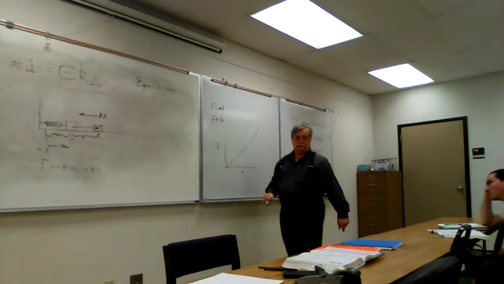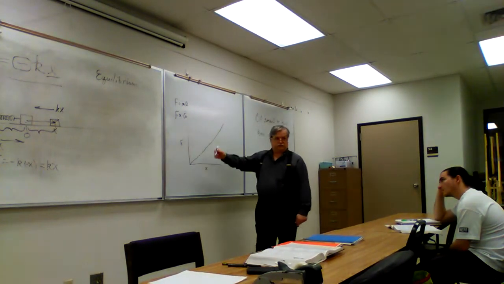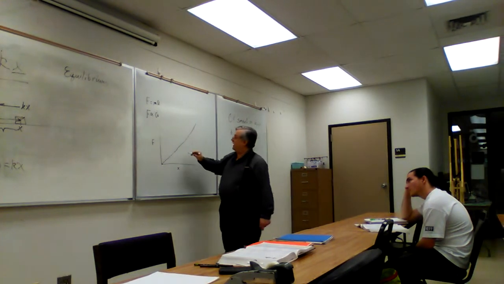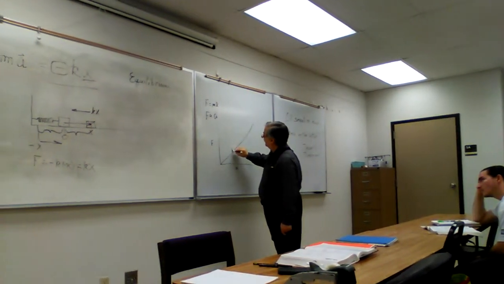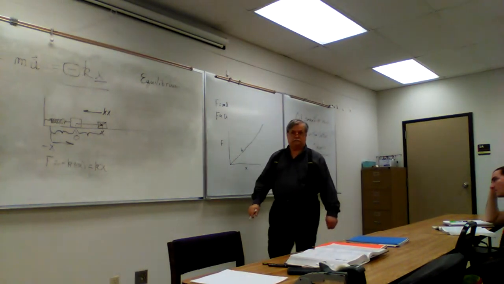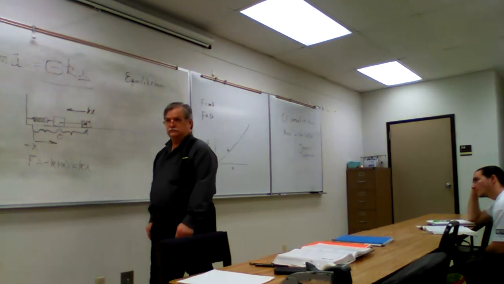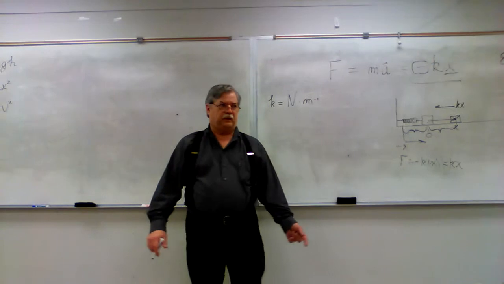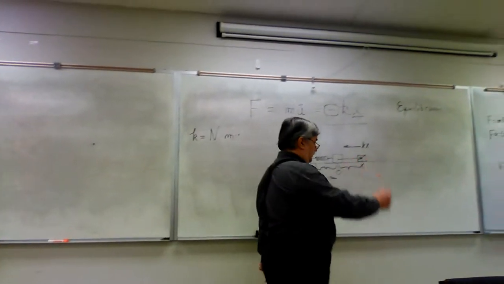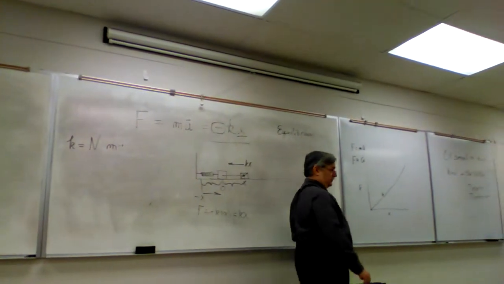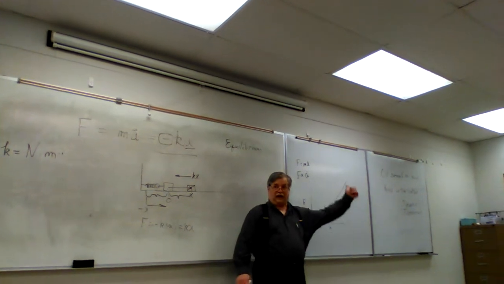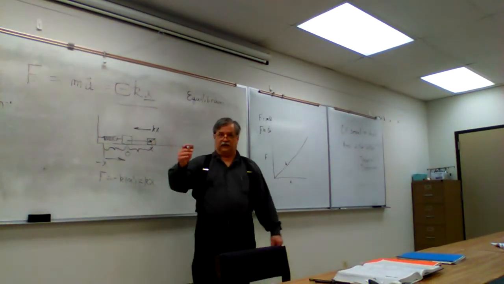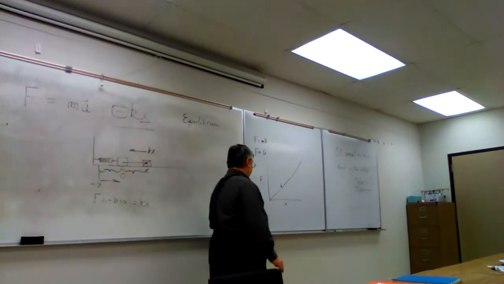That's a straight line, moving up at a slope of K. What's the special name for a function that looks like this? That's just a straight line. Linear. It is a linear force.